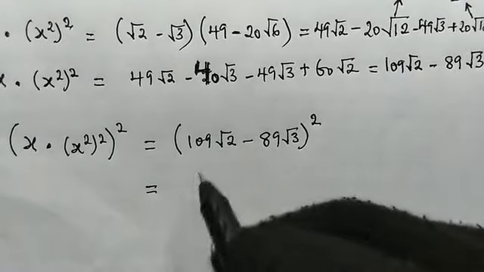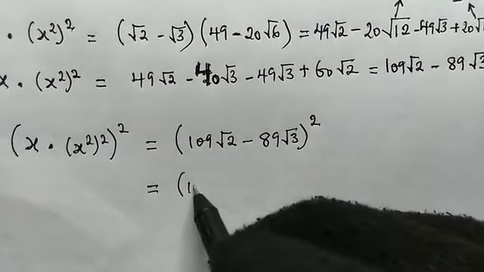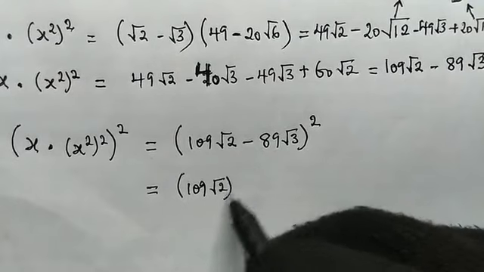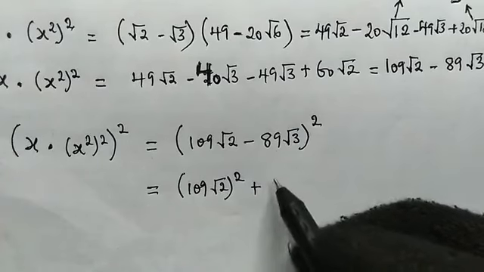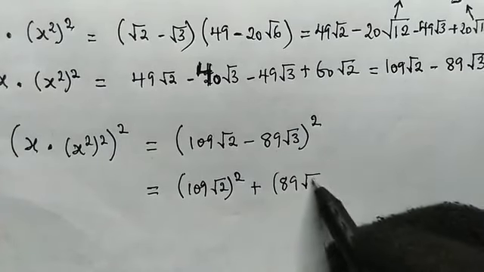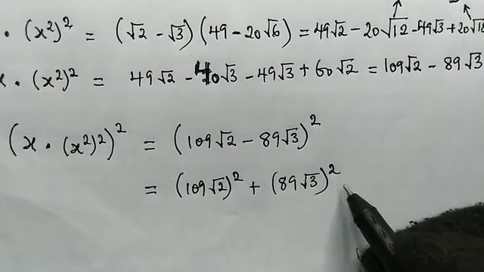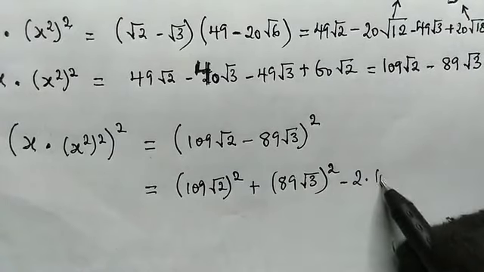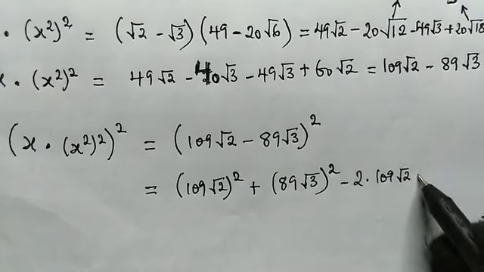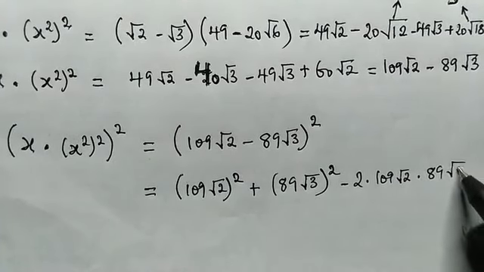So this will be equal to, we have the first one here, 109 root 2 squared plus 89 root 3 squared minus 2 times 109 root 2 times 89 root 3.